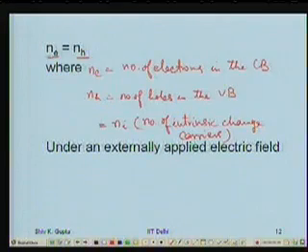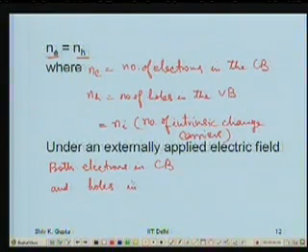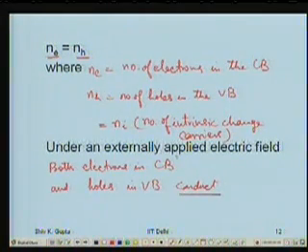They are carrying a negative charge with them and they are carrying a positive charge with them. So both electrons and holes conduct. Electrons in the conduction band and holes in the valence band conduct. And we are conducting electricity, that's what we are looking for.